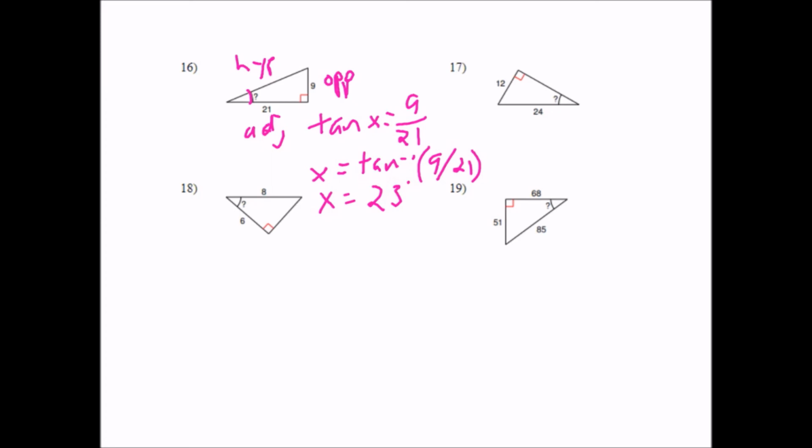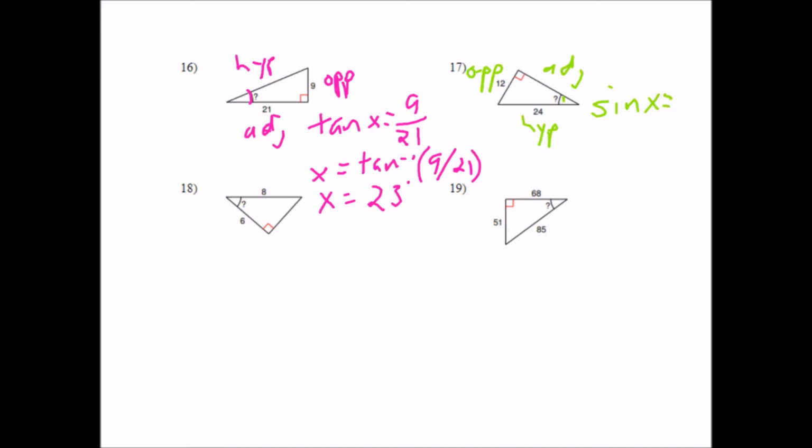Okay, for number 17, reference angle here. Across from the 90-degree angle is the hypotenuse. Across from the reference angle is opposite. So that makes this adjacent. We are labeled opposite and hypotenuse. So SOH, so it's sine of, let's call it x again.